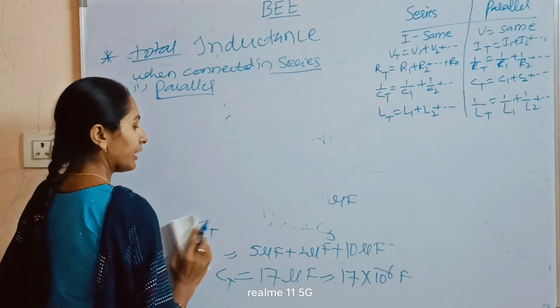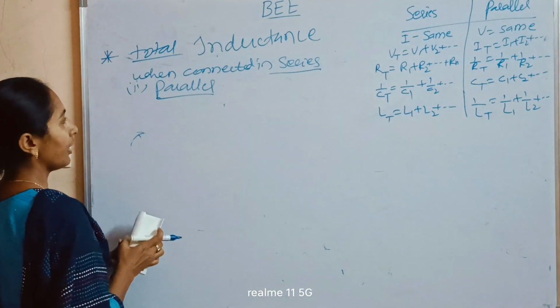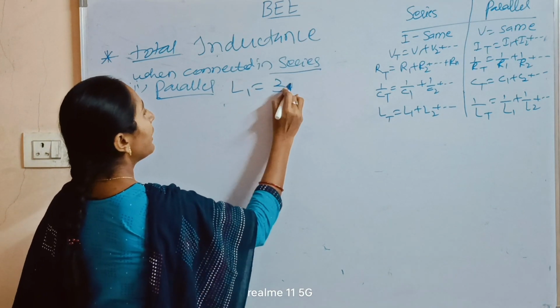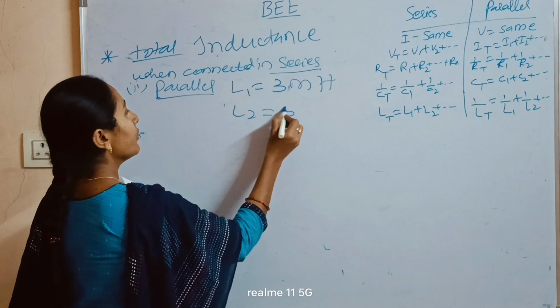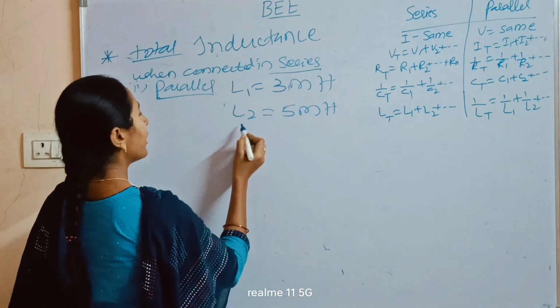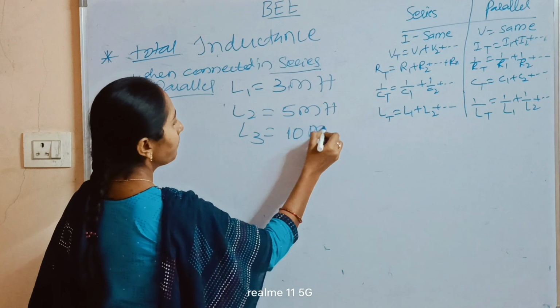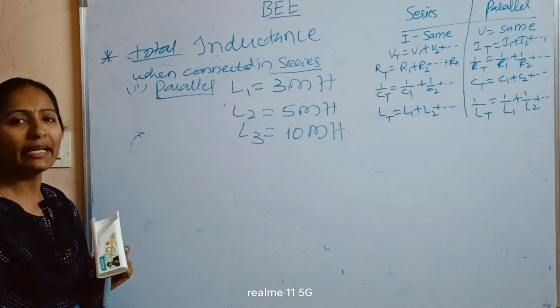Now I am giving the inductor values. L1 is 3 millihenry, L2 is 5 millihenry, L3 is 10 millihenry.